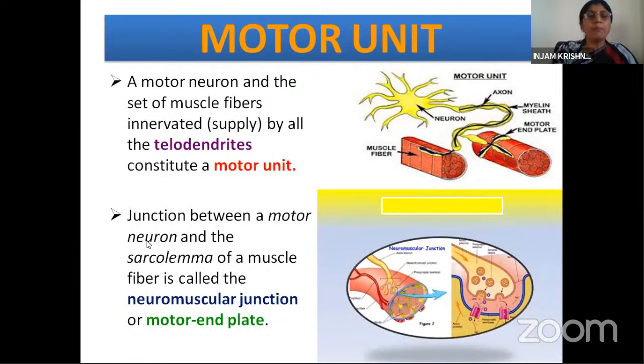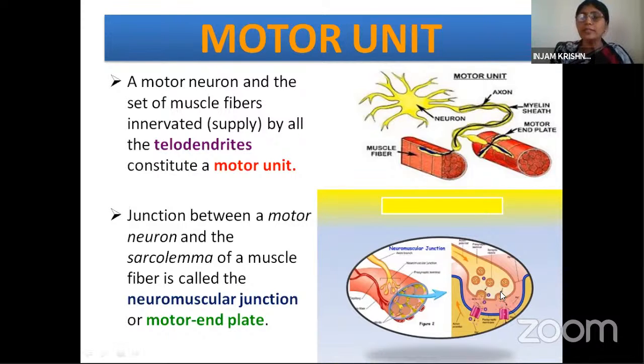The junction between a motor neuron and the sarcolemma of a muscle fiber is called the neuromuscular junction or motor end plate. Here we can see the telodendrites and the sarcolemma. They look directly linked, but they are not linked.